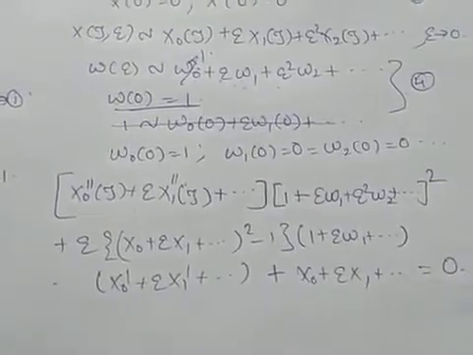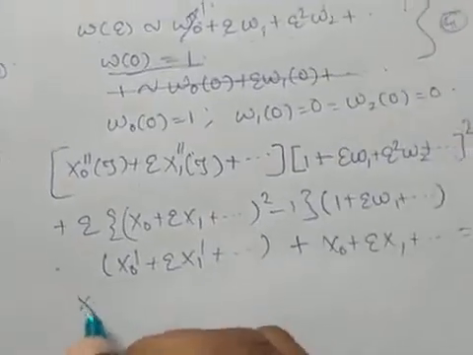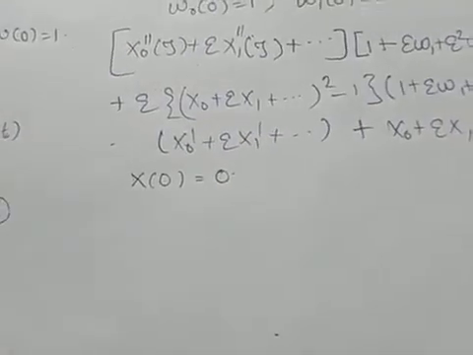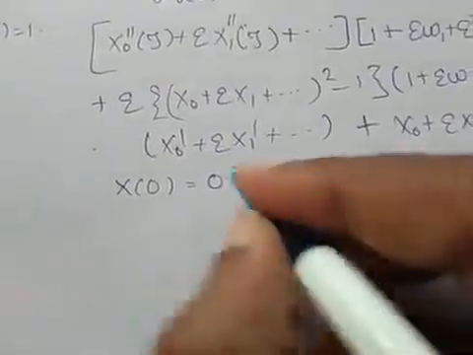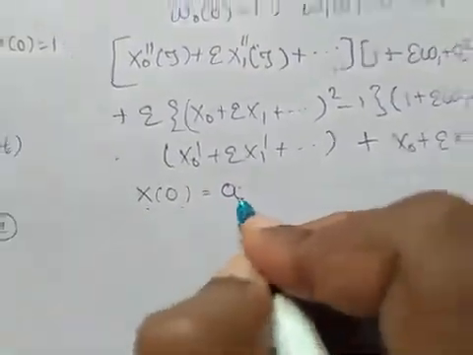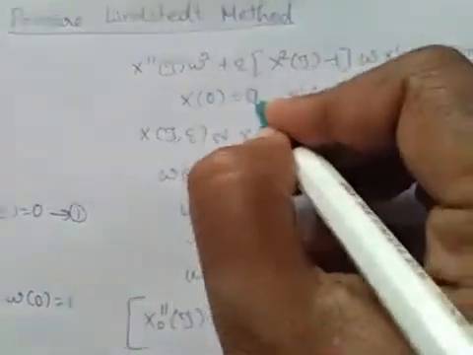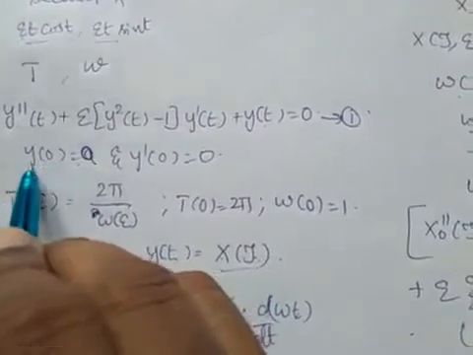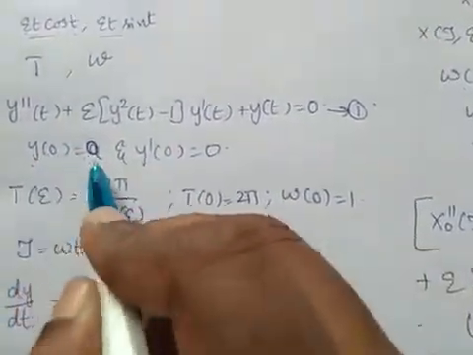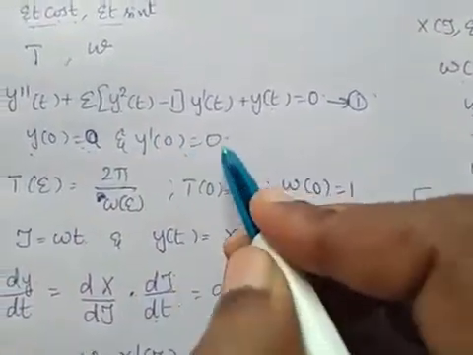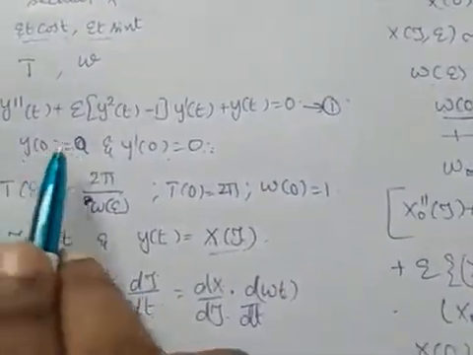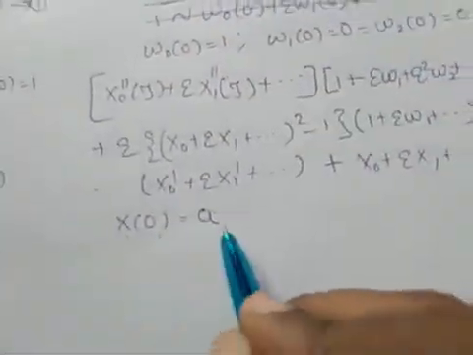Equal to 0. Our first condition is x of 0 equal to a. Our conditions are y of 0 equal to a and y dash of 0 is 0. Since y of 0 is a, x of 0 is also a. So we are having x of 0 equal to a.